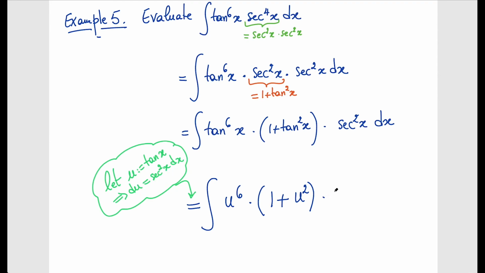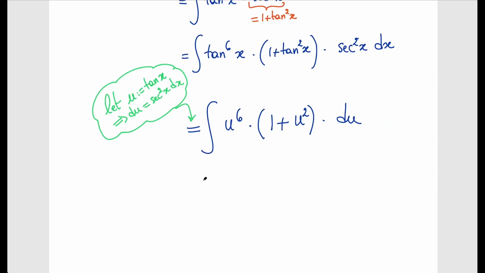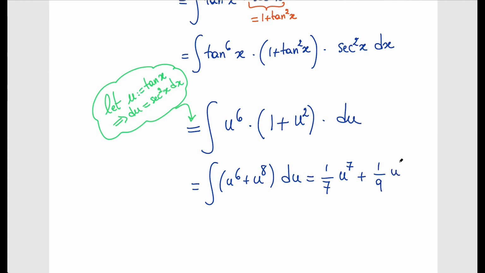So that's du. And we're back to integrating a polynomial. That's easy. So this is equal to u to power 6 plus u to power 6 times u to power 2 is u to power 8, du. So that's 1/7 u to power 7 plus 1/9 u to power 9 plus a constant of integration.